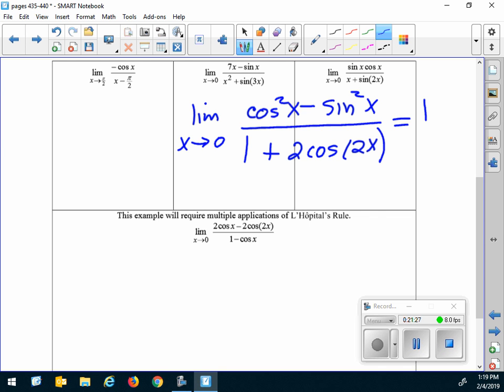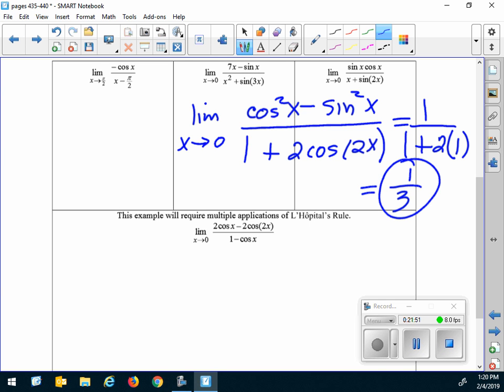That's 0. 1 plus 2 times the cosine of 0. What do you get? It's a pretty nice way to do limits. If you got indeterminate form, I'm not worried about that other stuff. I'm going to L'Hopital's rule.